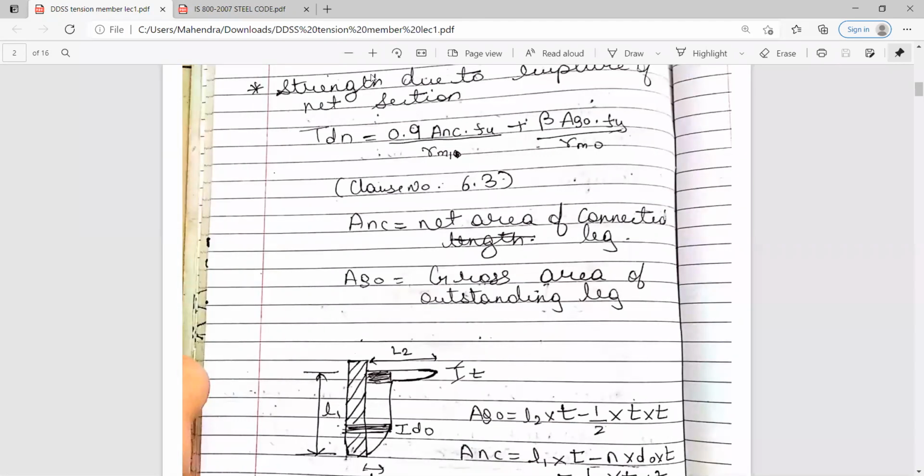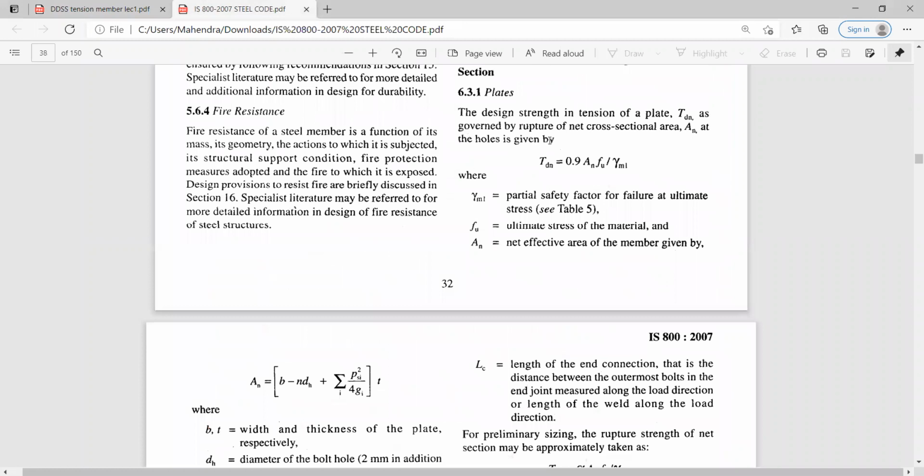The formula to calculate strength due to rupture of the net section is TDN equals 0.9 ANC into Fu upon gamma M1 plus beta into AGO into Fy upon gamma M0. This formula is there in clause number 6.3, on page number 32 of your IS code 800.